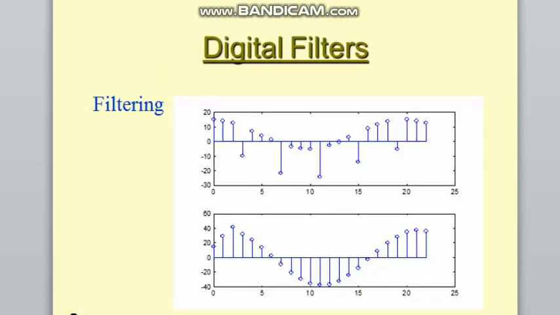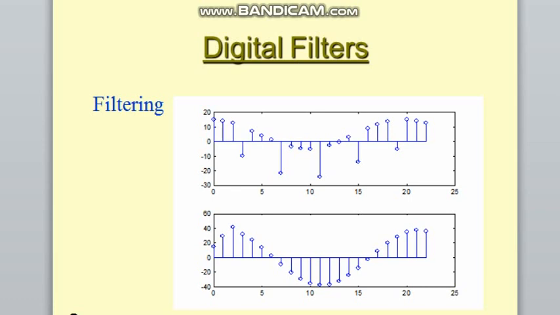Next, you get to know about filtering. Just look at the two signals. On top there is quite a scattered signal and it needs to be tuned. It looks like a sinusoidal or cosinusoidal signal, but there are some uneven data going through it.